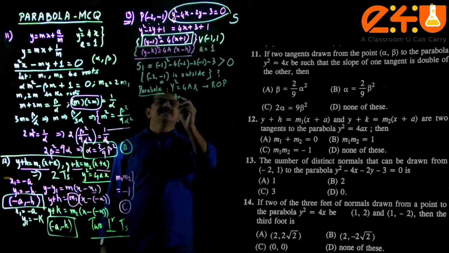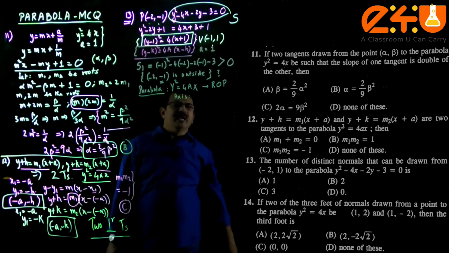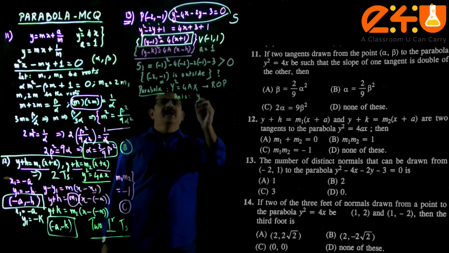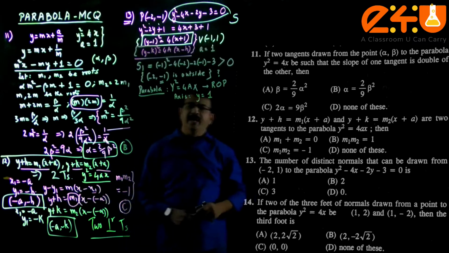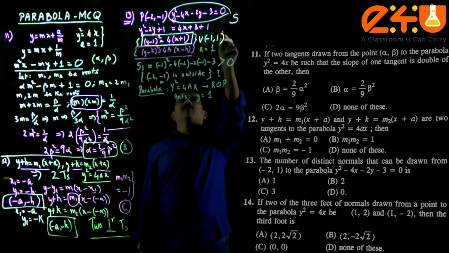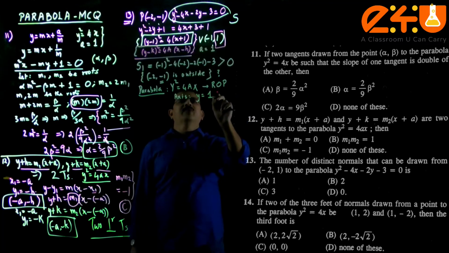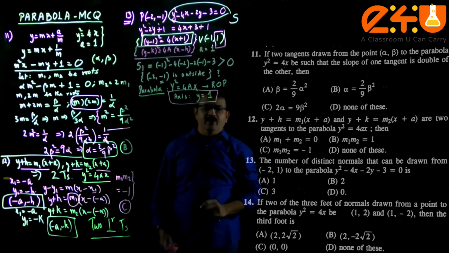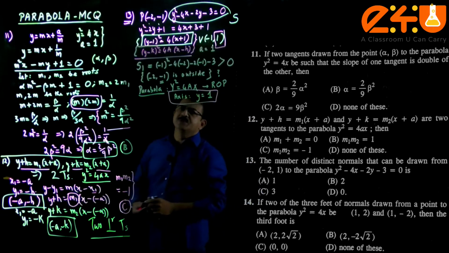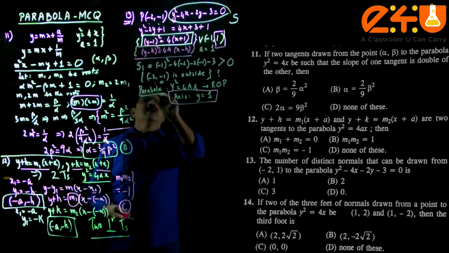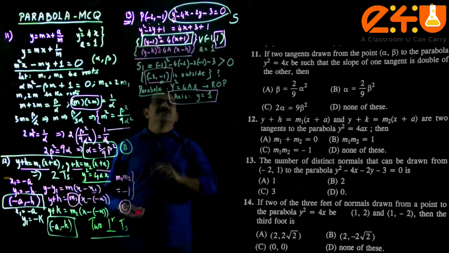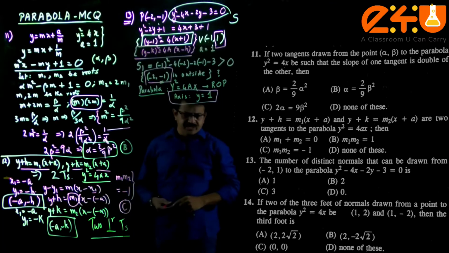So the axis is parallel to the x axis, which is y equal to 1. You can see the y coordinate 1 confirms that the axis is y equal to 1. This point, minus 2 comma minus 1, is outside.